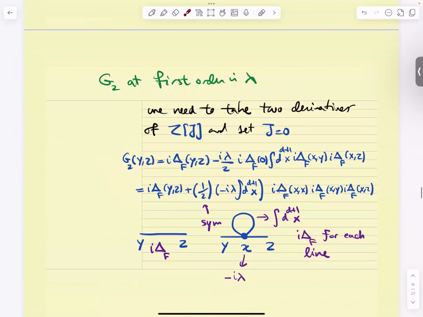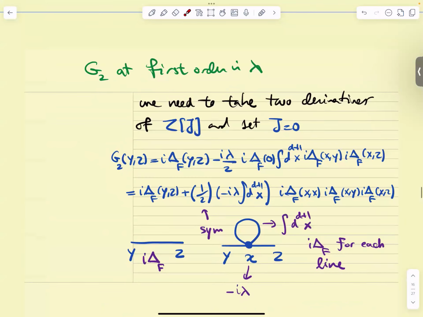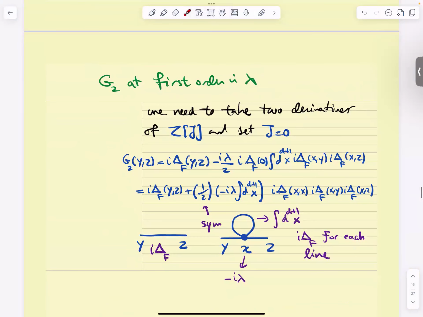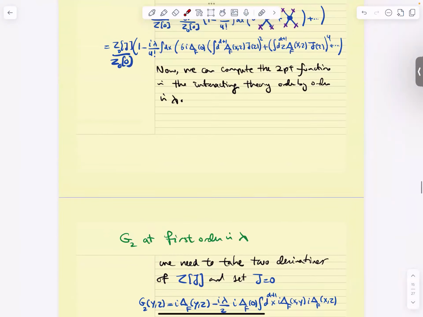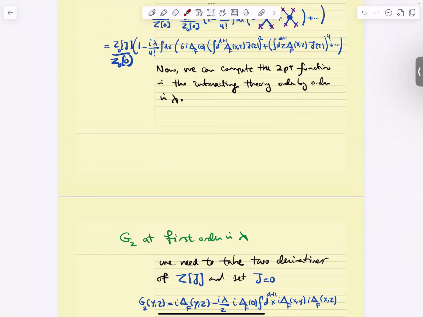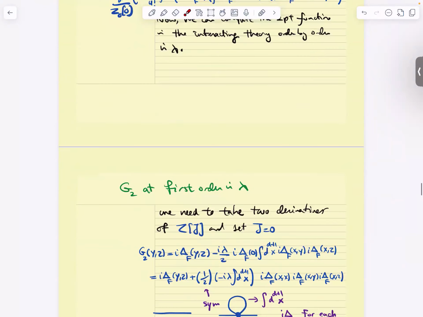All right, let's start with the G2. This is my generating functional. You take derivatives with respect to J twice and set J equals 0. The result is this.